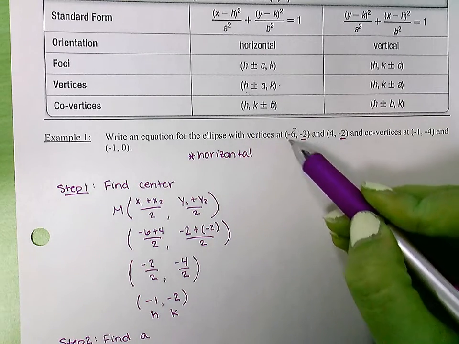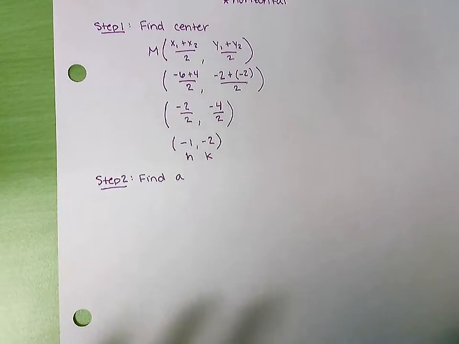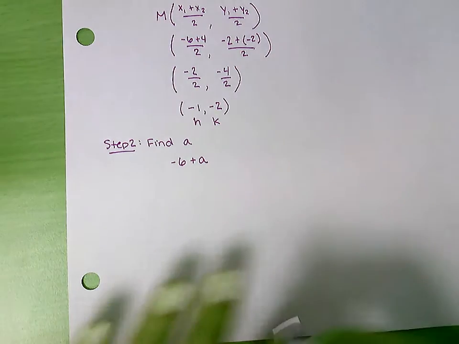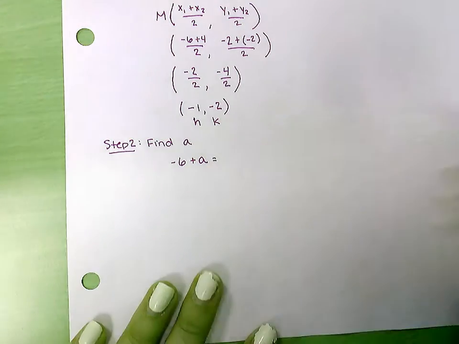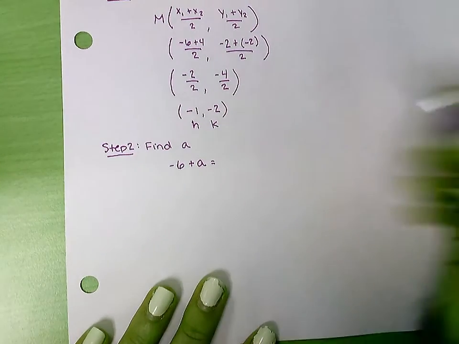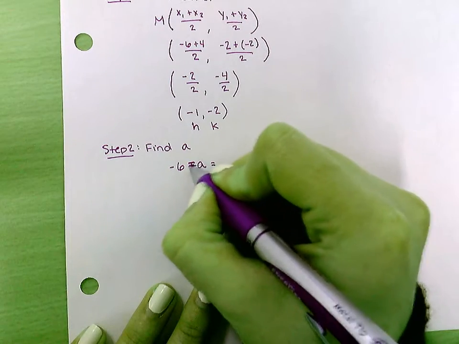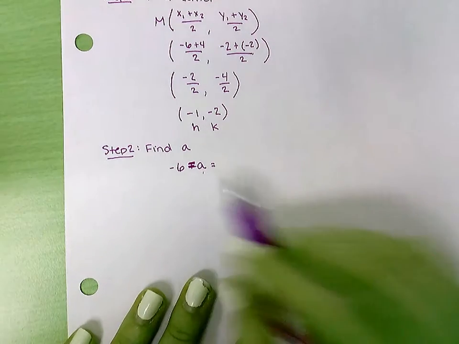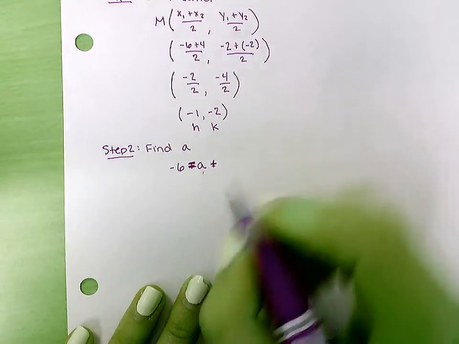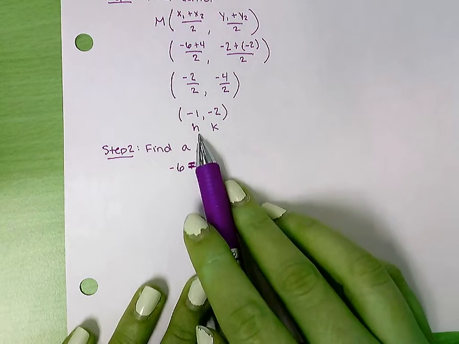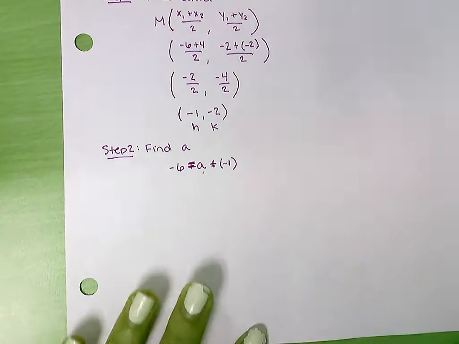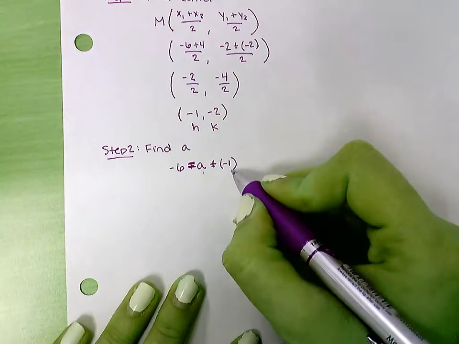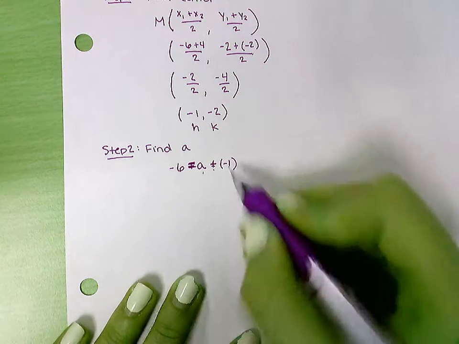So I'm going to take this -6. Oh, I lied, getting ahead of myself. -6 will be equal to our a value plus our h value, which we just found, is -1. So -6 equals a plus -1.